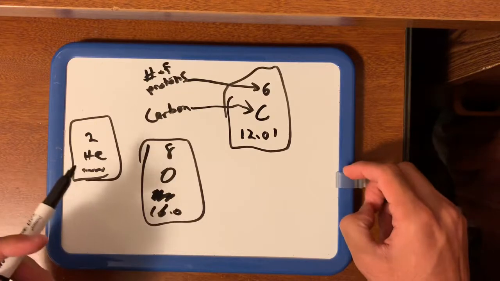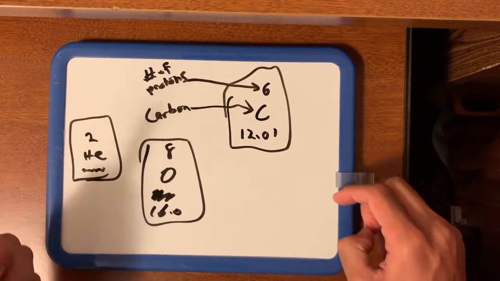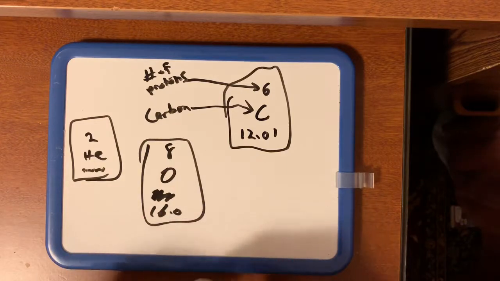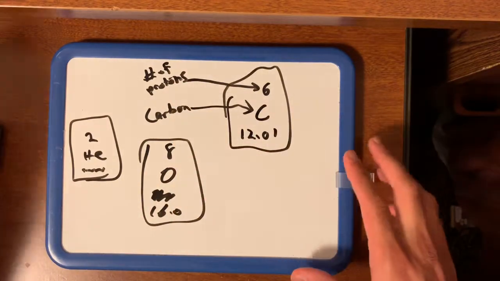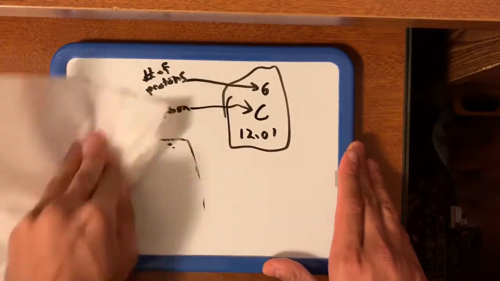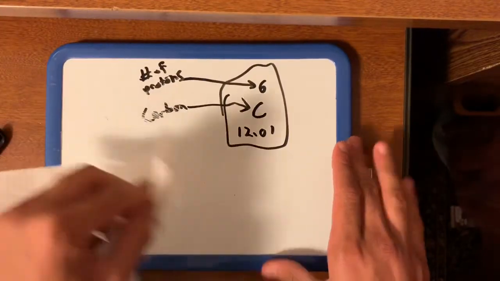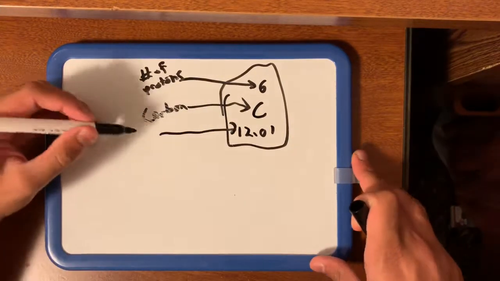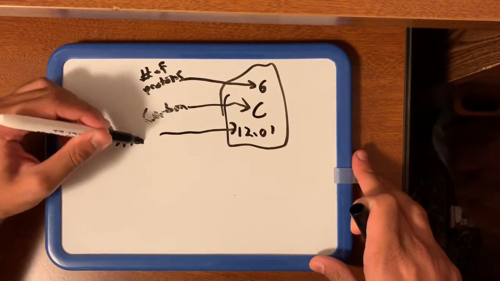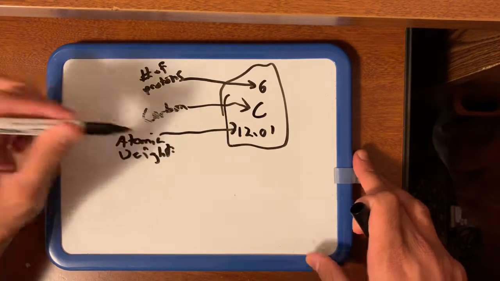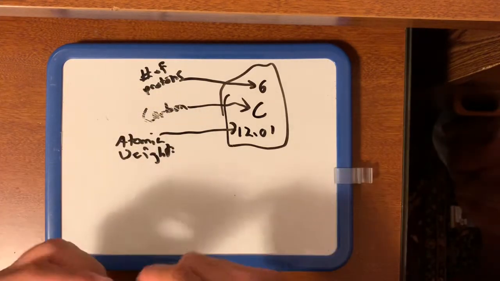The element for that atom would be oxygen, okay? So the number of protons defines which element we are talking about when we're looking at an atom. And lastly, we have this number, which is the atomic weight. And I will get right into that right now.